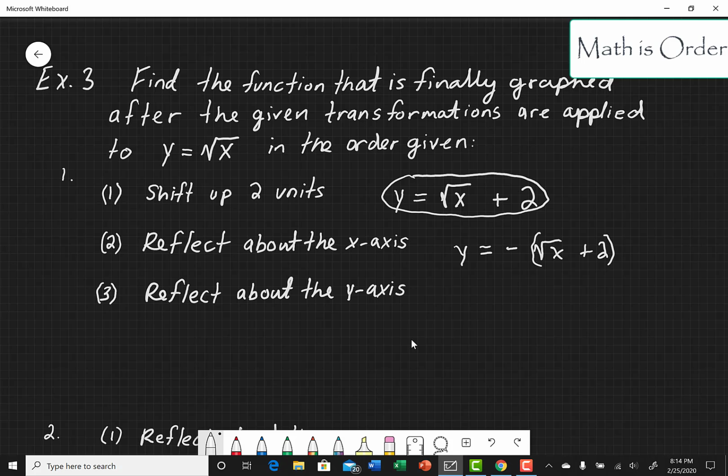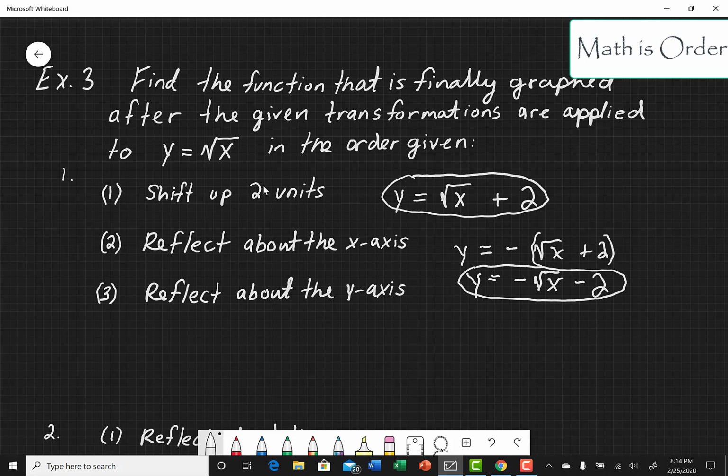And when I multiply it by a negative, I still have to distribute that negative so that it becomes negative square root x negative 2. So here is our next transformation, right?